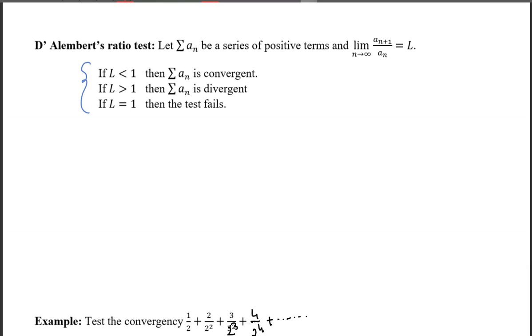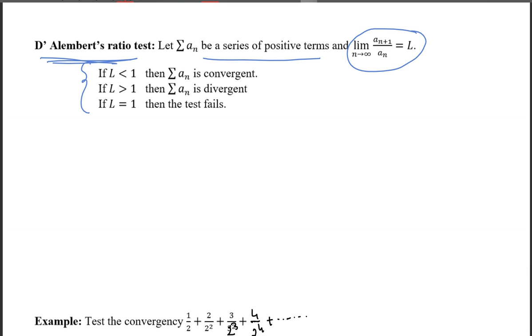Here an is a series of positive terms, and if you calculate the limit as n tends to infinity of an plus 1 by an, equal to L. I have no restriction on this L. This L and the previous comparison test L are different. This limit L may be 0, maybe infinity, maybe 1, whatever.